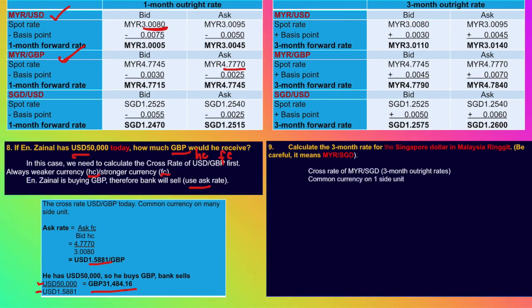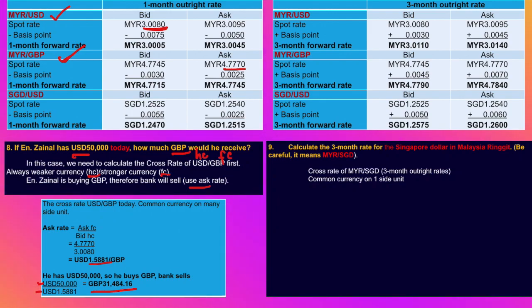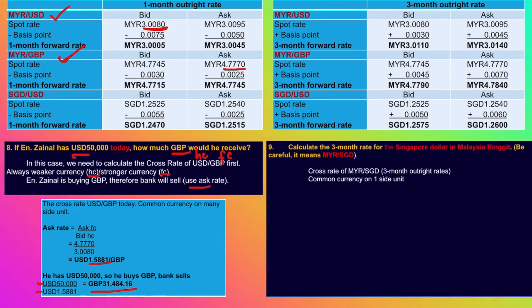Okay, for the next exercise, calculate the 3 months rate for the Singapore dollar in Malaysia ringgit. Okay, Singapore dollar in Malaysia ringgit. So it means Malaysia ringgit per Singapore dollar.